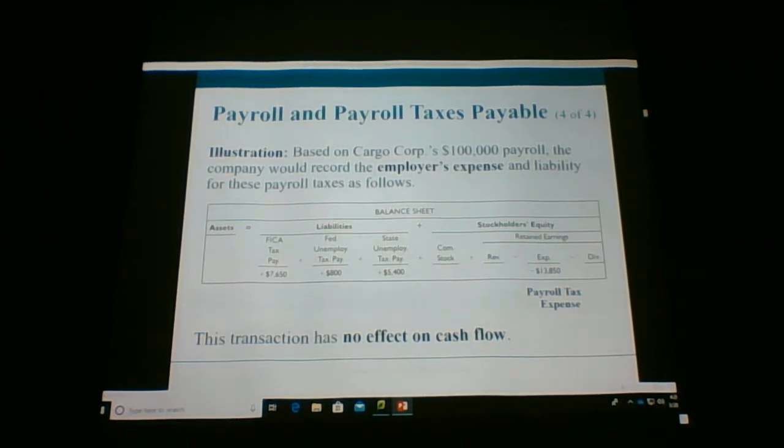Looks like in this particular situation, we had federal unemployment tax of $800 and state unemployment tax of $5,400. These 3 obligations, in order to keep the accounting equation intact, must reduce retained earnings. These are going to be recognized as a payroll tax expense. And those will absolutely positively show up on the income statement as a reduction to net income.